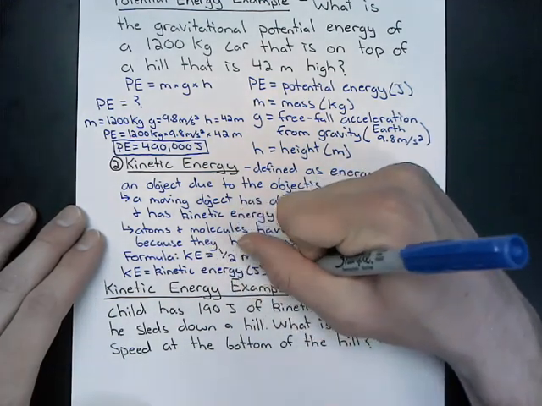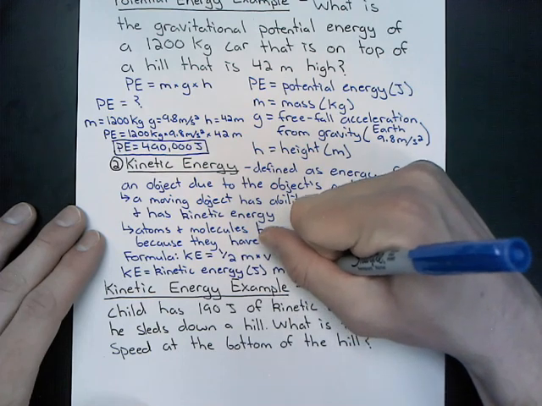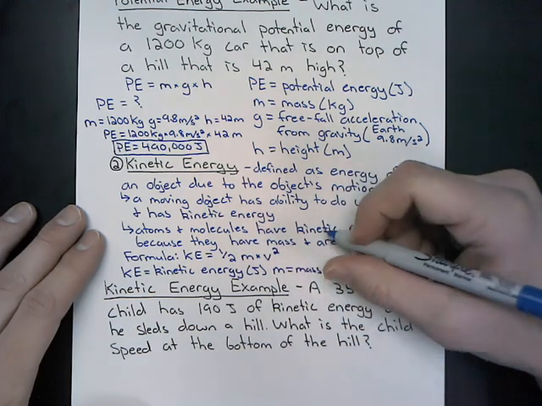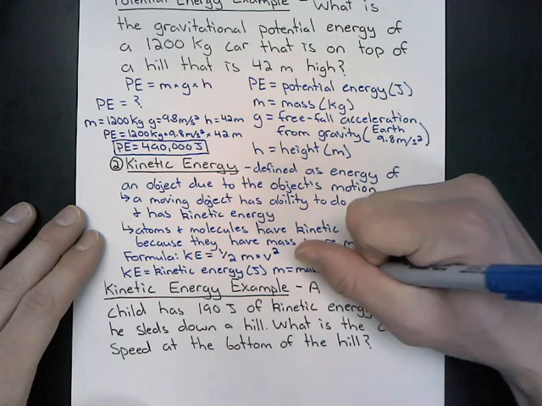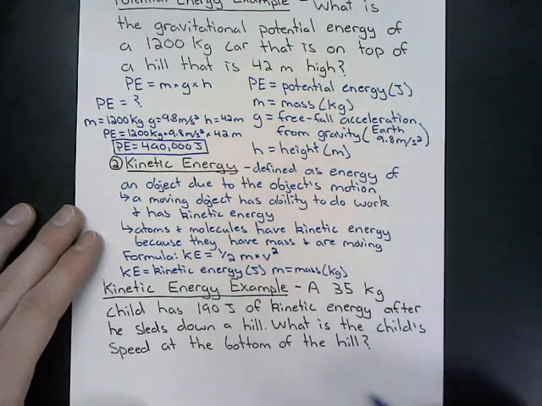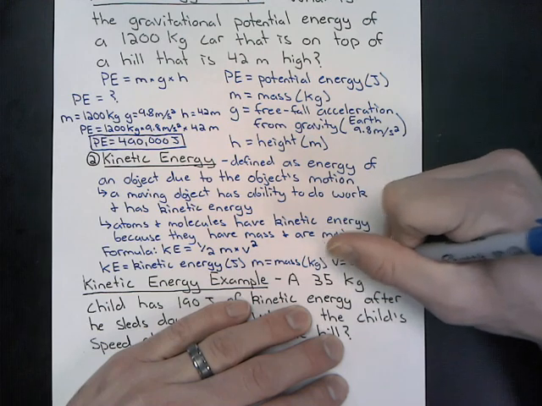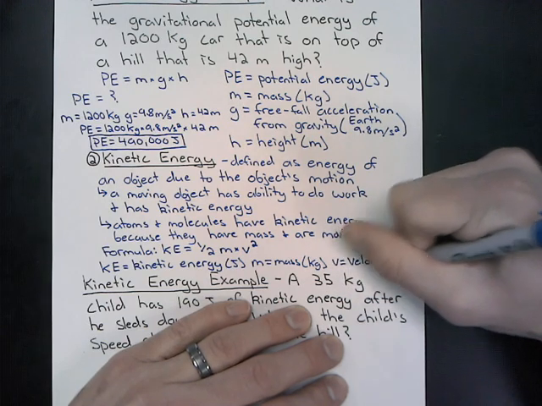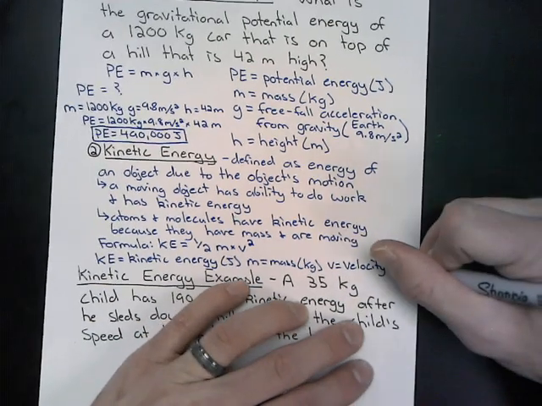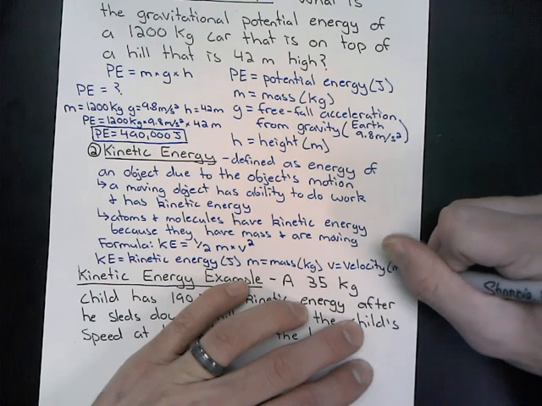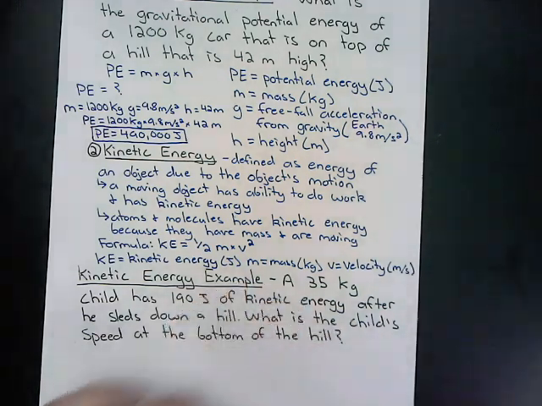The m is for our mass in kilograms, and then our v is for velocity. And velocity here is meters per second.